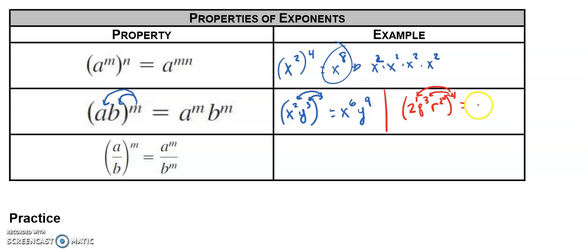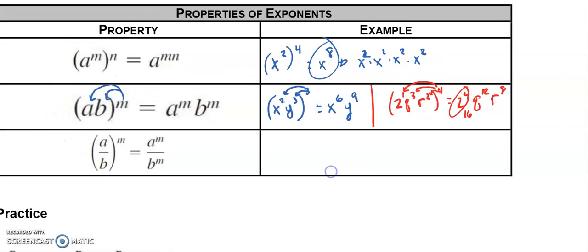So that'll give me 2 to the 4th times q to the 3 times 4 is 12. R to the 2 times 4 is 8. And then, of course, we can come back and say, oh, 2 to the 4th, that's 2, 4, 8, 16. So it's really 16 q to the 12th, r to the 8th. Yeah, so just remember, even on a variable, if you don't have an exponent, the exponent is 1. You still need to apply that.